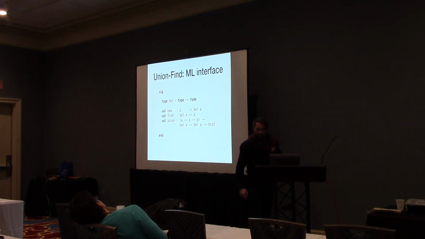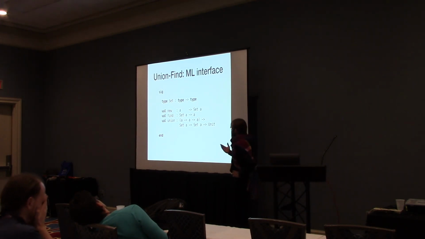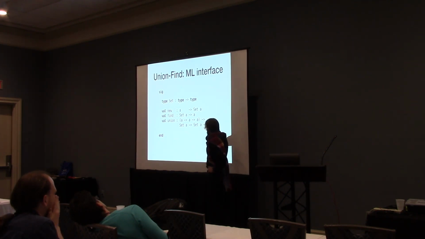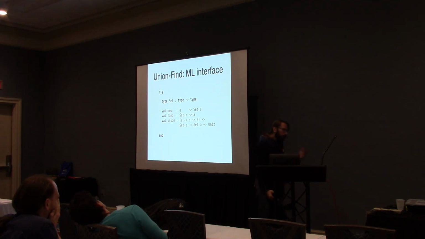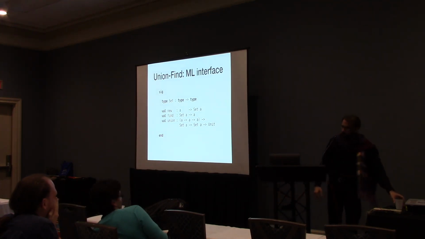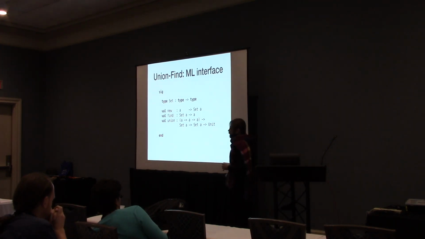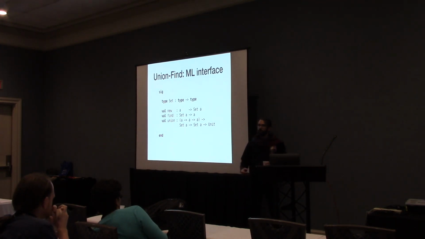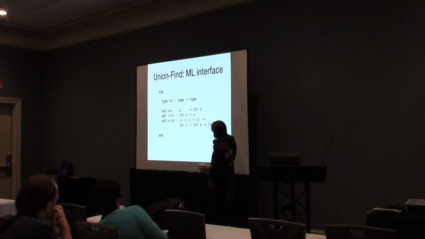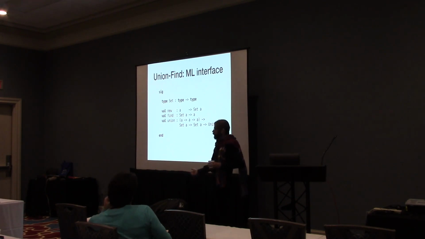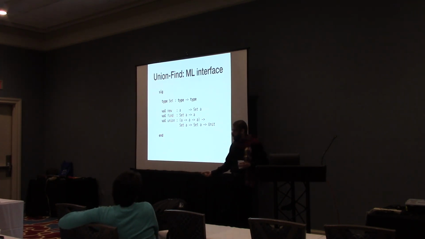Right? So clearly, if we want a specification where this arrow is pure, then we have to extend it somehow. And one way we could conceivably do this is by turning the whole thing into an effect. So rather than provide an implementation as such of this signature, we could say, well, mu is an operation, and find is an operation, and union is an operation. Right?